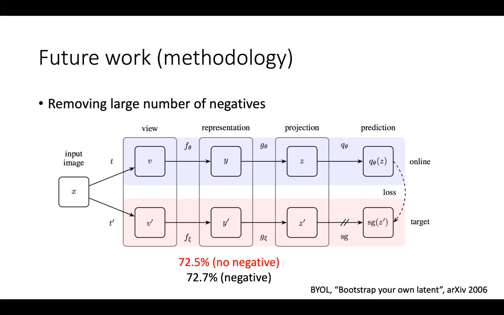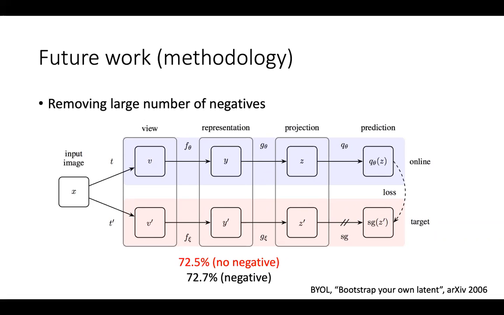But in this paper, they have many tricks to do that perhaps. For example, your backbone has batch normalization, and batch normalization is a natural way to scatter examples inside a single batch, right? So it's implicitly doing that.